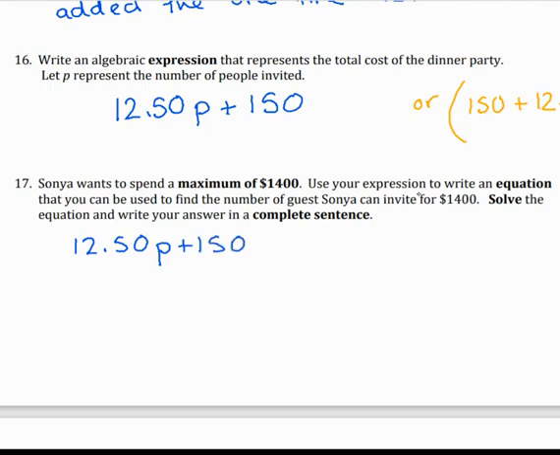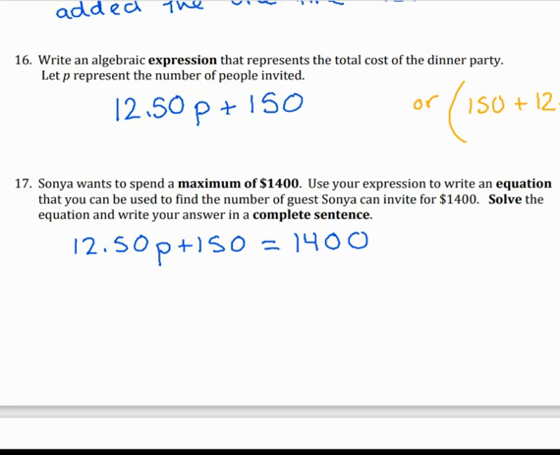But this time we're looking for the number of guests, the number of people, so we're not going to plug anything in for p. We're going to leave it as is. Instead, we're going to make it equal to the total cost, which is the total amount she can spend, $1,400. Does that make sense?